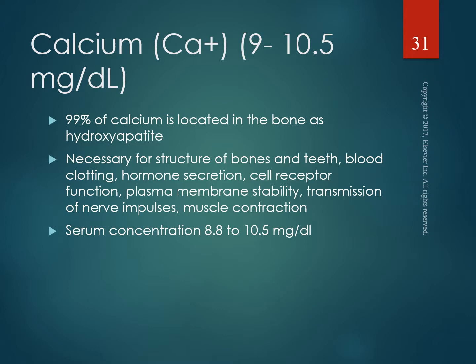It's the major cation for structure of bones and teeth, an enzymatic cofactor for blood clotting, required for hormone secretion, cell receptor function, directly related to plasma membrane stability, transmission of nerve impulses, and muscle contraction. Parathyroid hormone, vitamin D3, and calcitonin act together to control calcium absorption and excretion. It is excreted in the urine, feces, and bone.